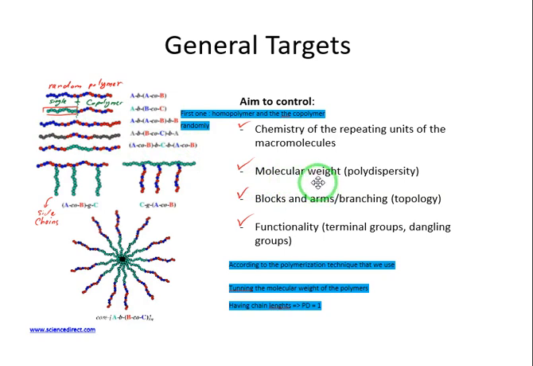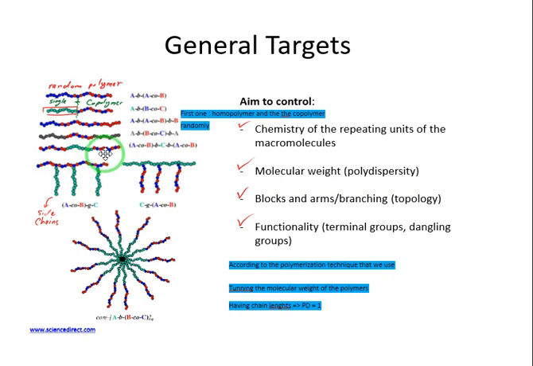So the important aim for us is to choose the polymerization strategy which helps us to control the number of monomers that are going to connect to each other and form the polymeric chain.